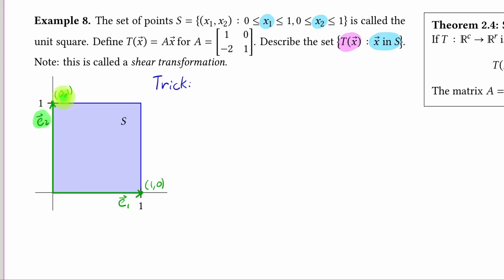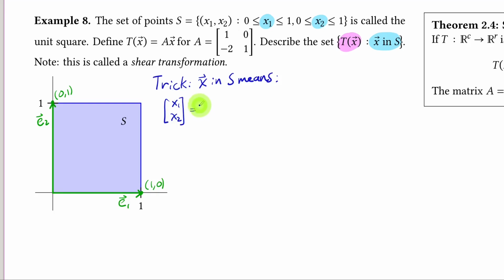And you could think of it as the arrow or as the point, whichever one makes more sense. And what we're going to do is notice that any point x in S means that x can be written like so. Let's write it as x1, x2 as a vector.